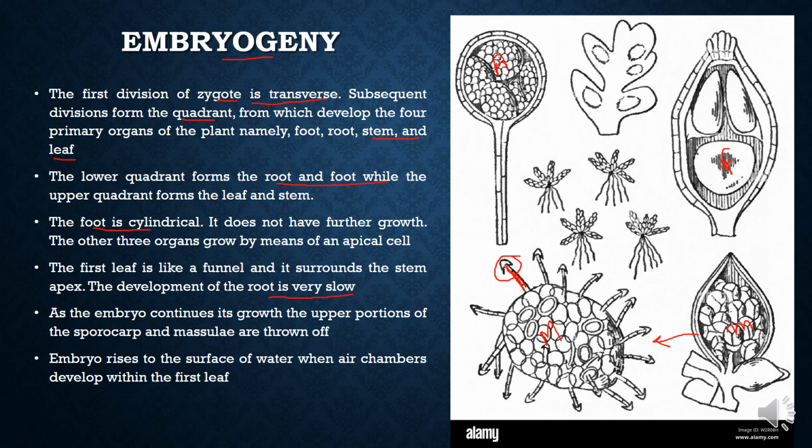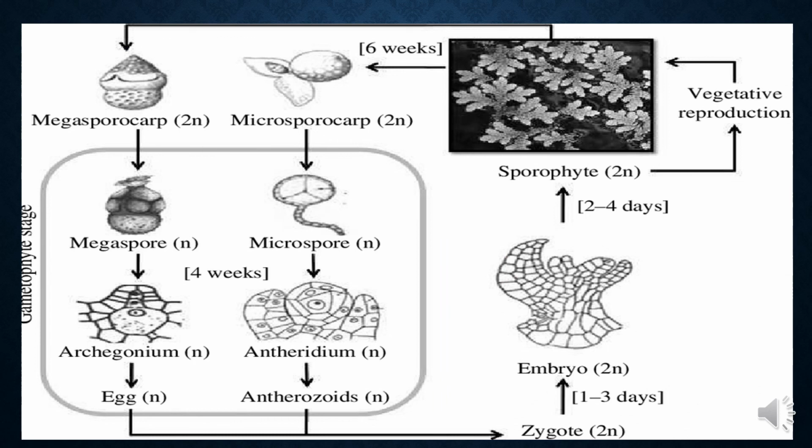And so this is the antheridium, which produces the sperm. This is the archegonium, and ultimately there is a fertilization of the sperm and the egg. And ultimately in the life cycle we see that sporophytes are produced.